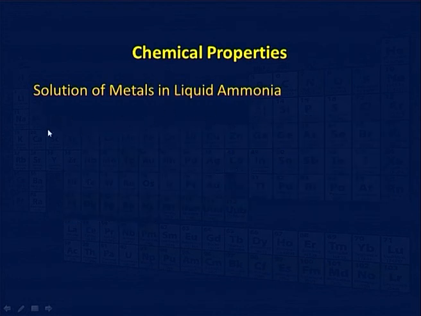Now, solution of metal ions in liquid ammonia. It is very interesting that most of the group one metals form solvated electrons with ammonia, and the solvated electron conducts electricity and has a reducing property.